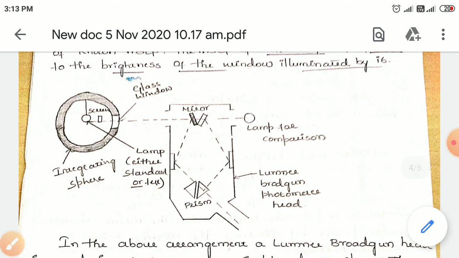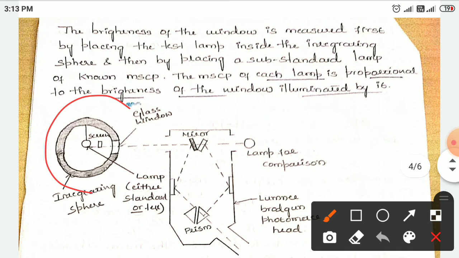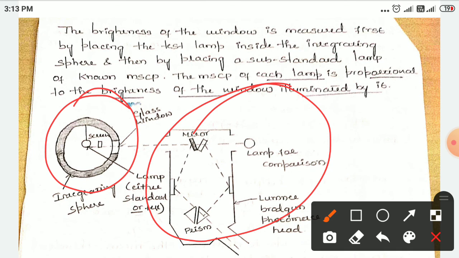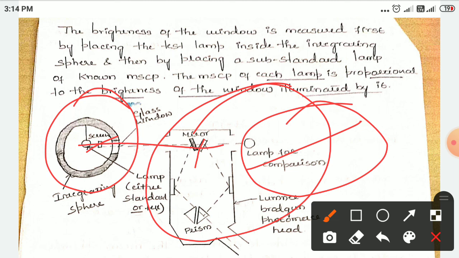It has a Bunsen photometer head, consisting of mirrors, the test lamp and the comparison lamp. The intensity of radiation from the test lamp and the comparison lamp are both allowed to flow through one point, where it will illuminate a certain area. From that you can find the illumination on the surface. That's about the measurement of mean spherical candle power using the integrating sphere.